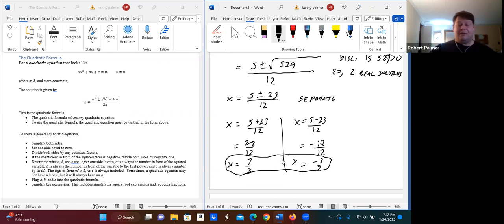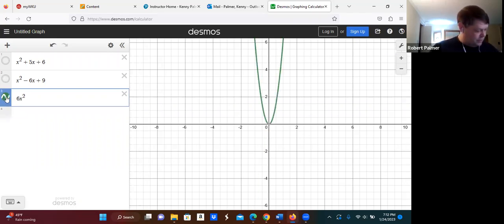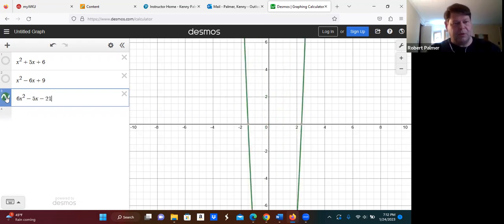And if we graph that, we'll see that. Okay, so here we have 6x squared minus 5x minus 21. Okay, and there are 2, you can check, but there are 2 solutions right there. We round them off. Okay.